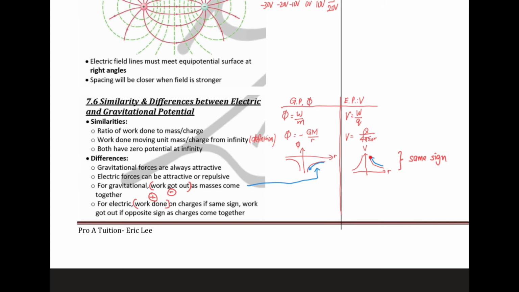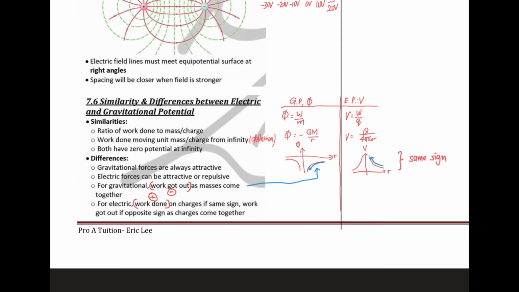And you know electric potential, the definition is work done. So if electric potential is getting more and more positive, that means the work is done. W is positive.